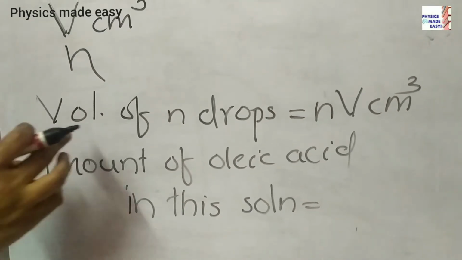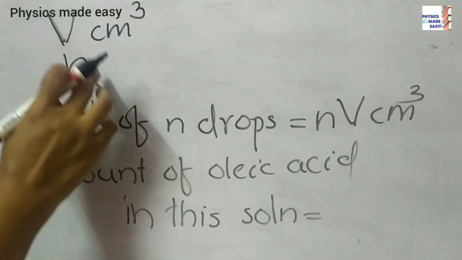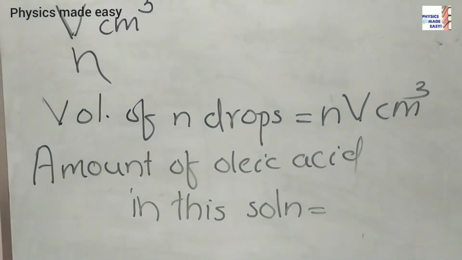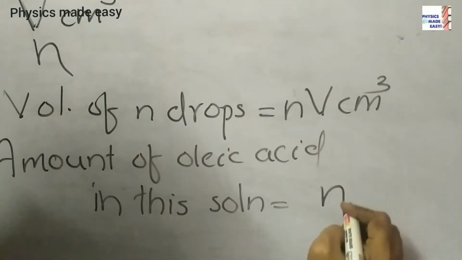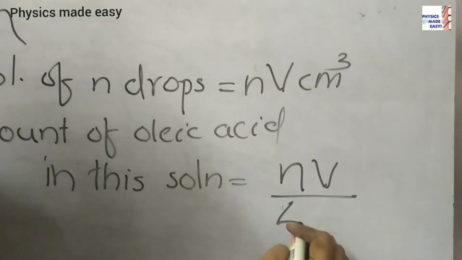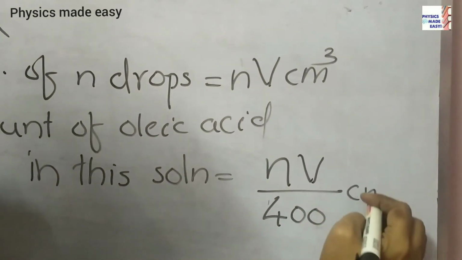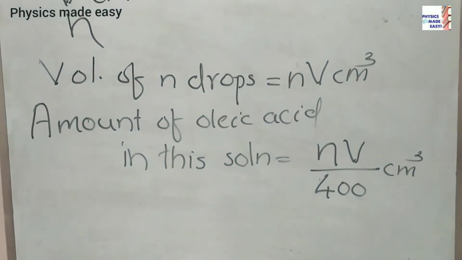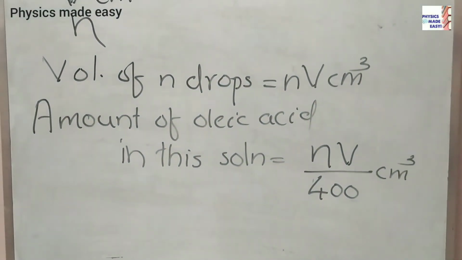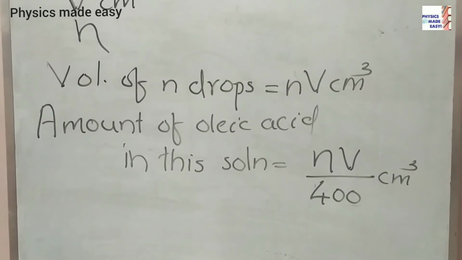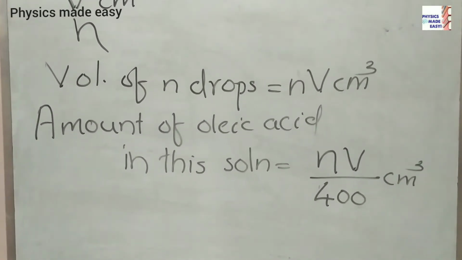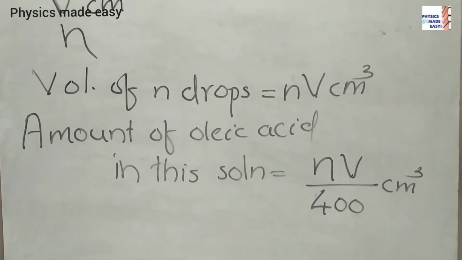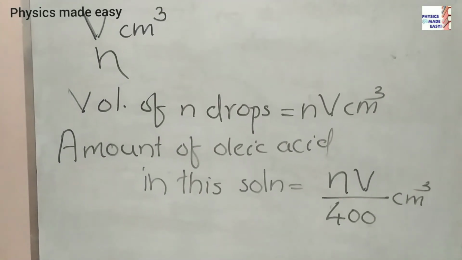Now we have n drops each having volume V. So how can we write the amount of oleic acid in this solution? That is nV/400 cm³. If you are pouring those n drops of solution into water, what will happen? On the surface of water, a thin layer of oleic acid will be formed.